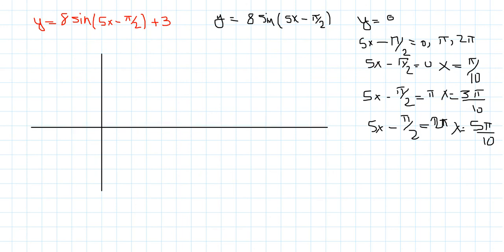So what is my first point? It is pi over 10. What is my last point? It is 5 pi over 10. And between them I have 3 pi over 10. I know my amplitude is 8 and minus 8.